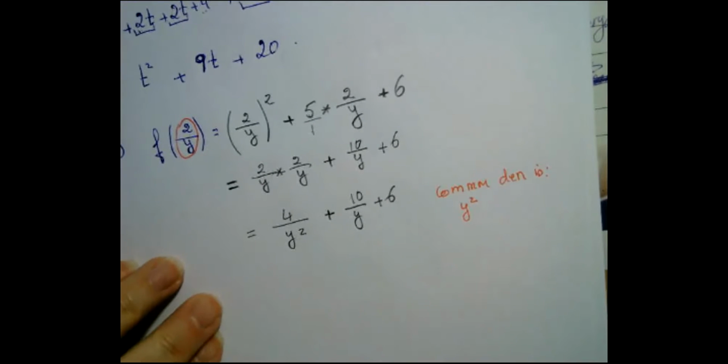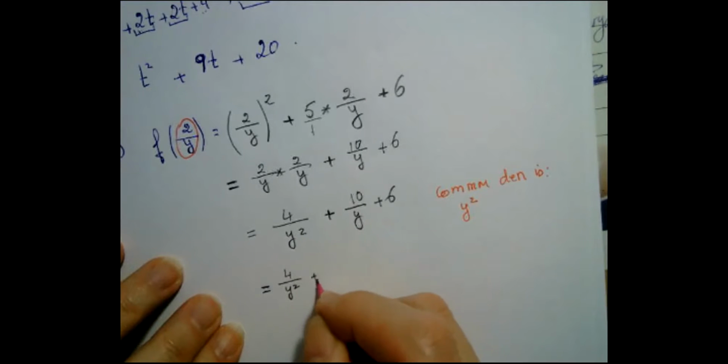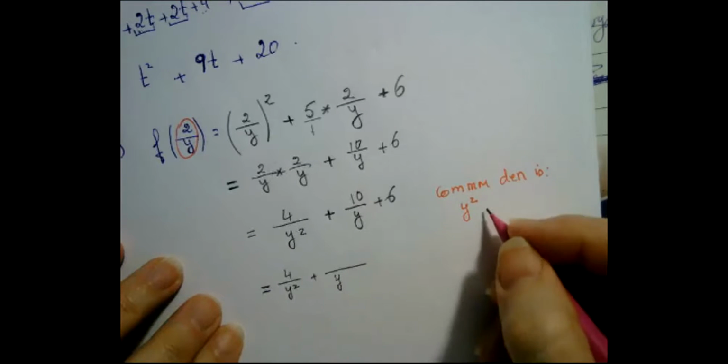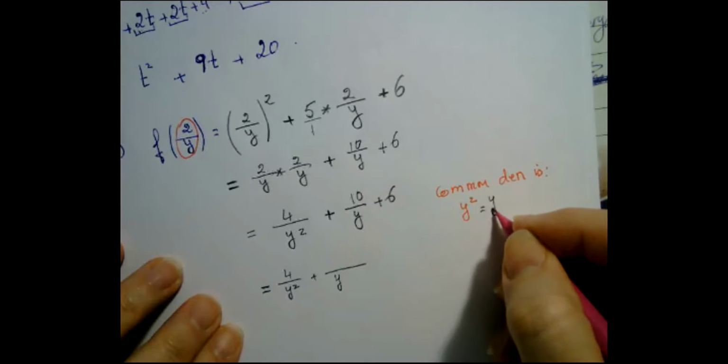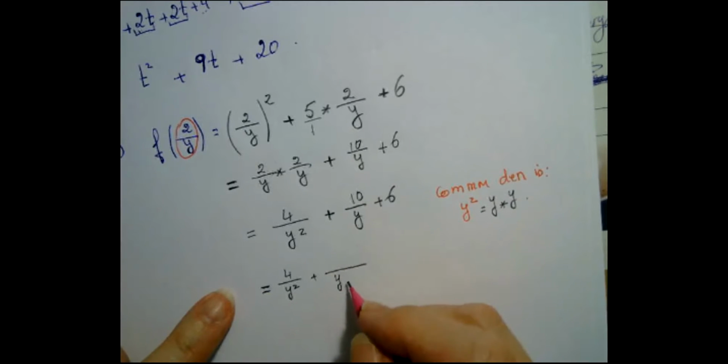Now keep guiding me. You're doing great. For 10 over y, you're going to multiply that by y over y, because y squared is y times y, correct? So if I want y squared here, my numerator has to be multiplied by a y.